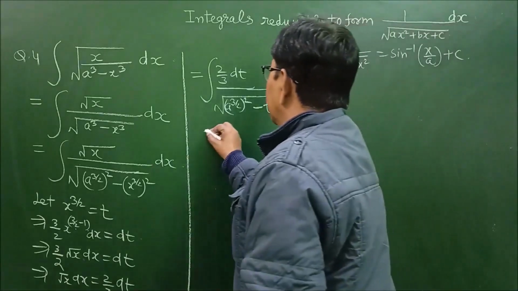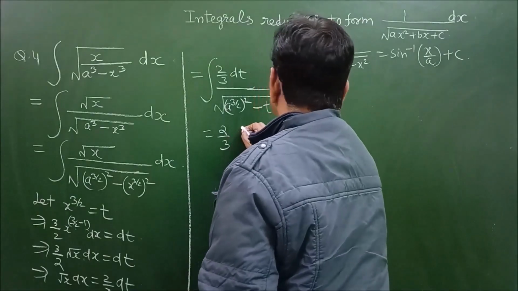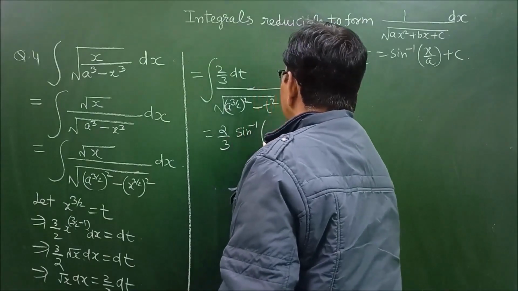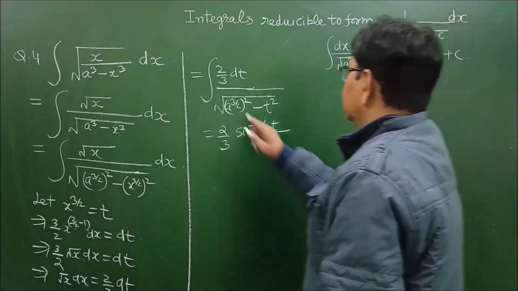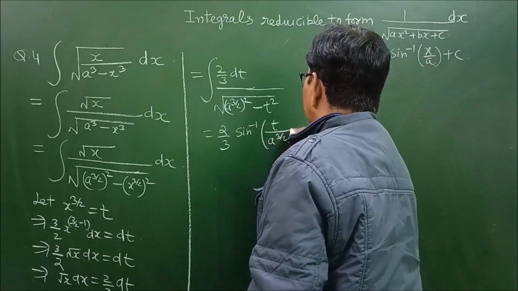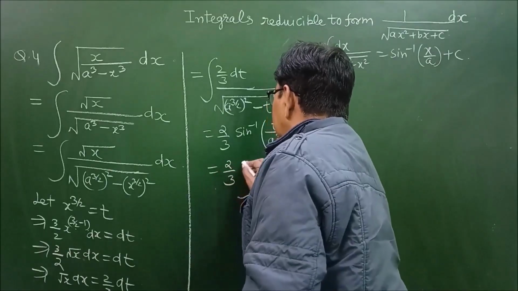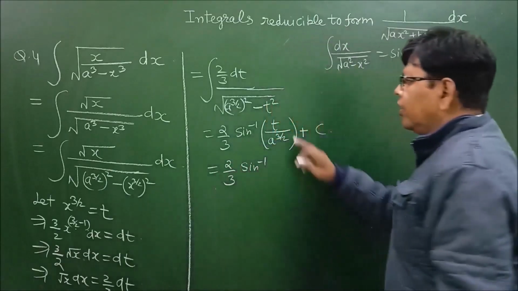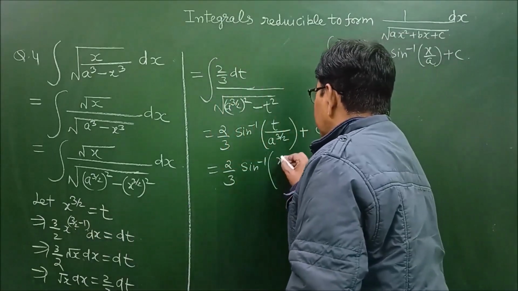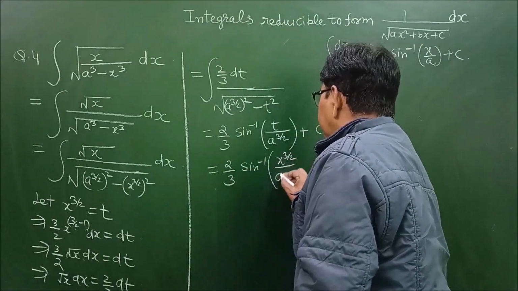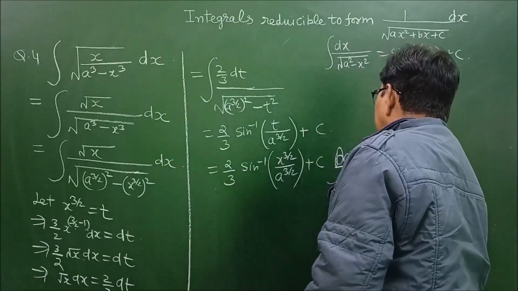So this can be written as 2 upon 3 sine inverse t upon the value of a, which is here a raised to the power 3 by 2, plus c. So this is equal to 2 upon 3 sine inverse of x raised to the power 3 by 2 upon a raised to the power 3 by 2 plus c. So this is the final answer of this question.